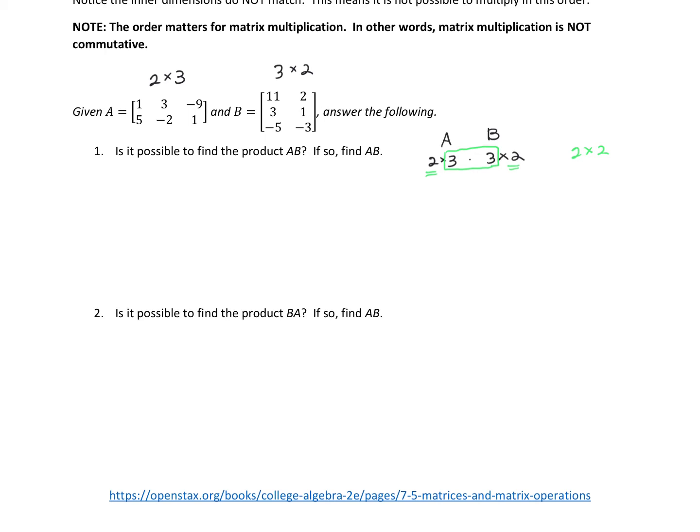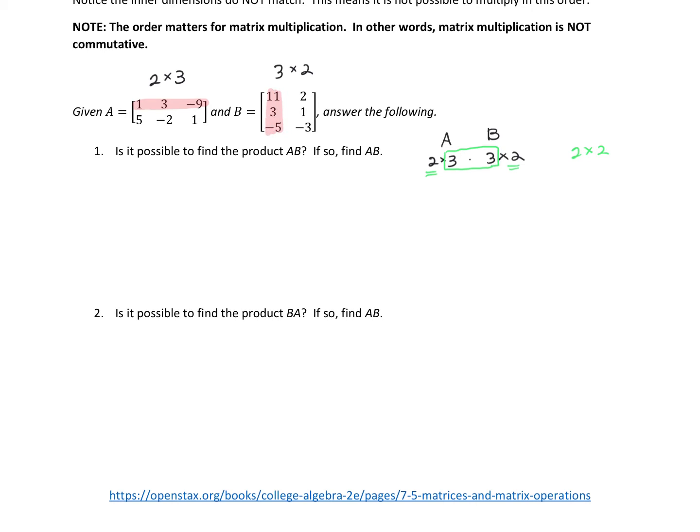What you want to do here is think about distributing each row from the first matrix to each column of the second matrix. So in other words, you're going to take the first row, 1, 3, and -9, and you're going to multiply that by the first column.